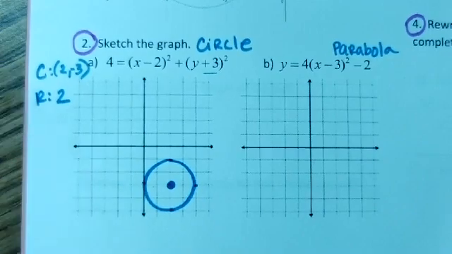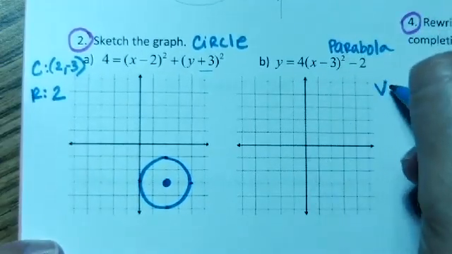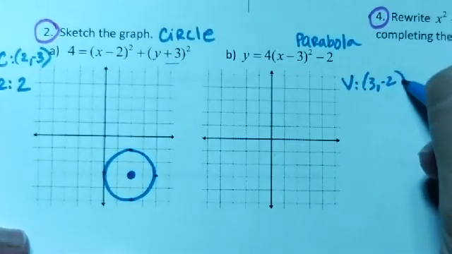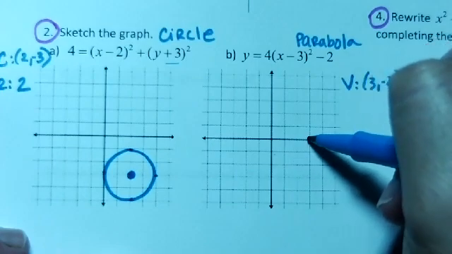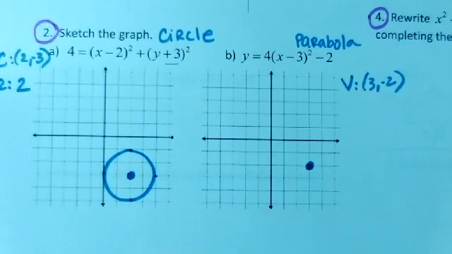Now the parabola has a vertex. So in this case, the vertex is 3, -2. 1, 2, 3, 1, 2. And then for a parabola, you need to find 2 other points. As a reminder, for a parabola, you have to have 3 points to graph it.